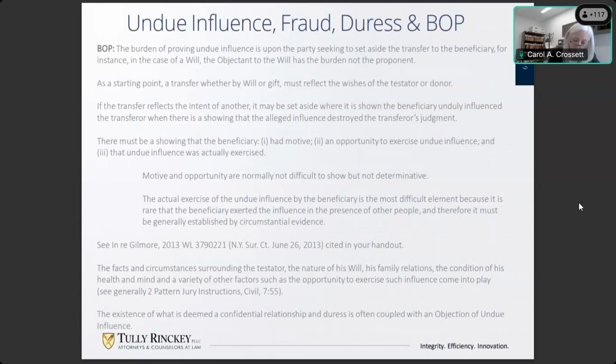And that's the objectant must show the existence and exertion of an influence, the effective operation of such influence, such as to subvert the mind of the testator at the time of the execution of the will, and the execution of a will that, but for the undue influence, would never have been executed to begin with.